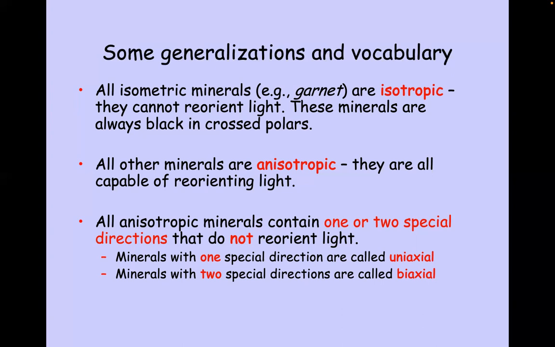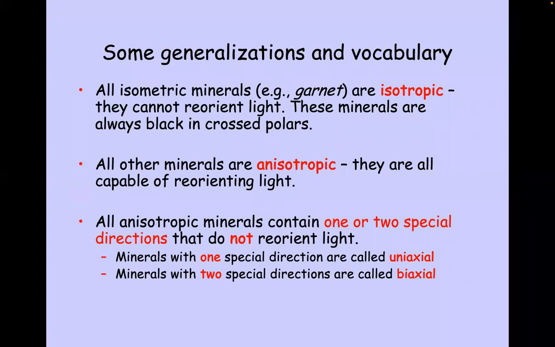So isotropic and anisotropic minerals are the two broad categories, and anisotropic minerals can be subdivided into two, uniaxial and biaxial. The uniaxial and biaxial definition comes from special directions along which the light cannot be reoriented.